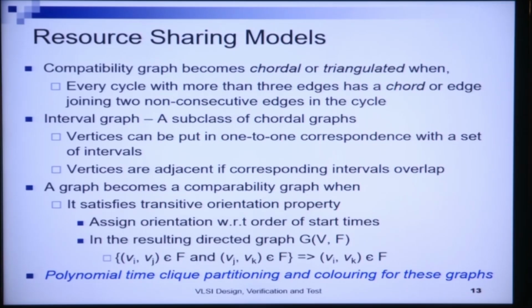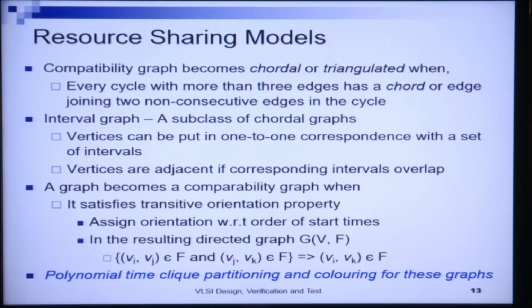Now, if I impose a transitive orientation on an undirected graph, it becomes a directed graph. So, my compatibility graph or my conflict graph will be a comparability graph when, after imposing this direction property on the compatibility graph, I will have this.